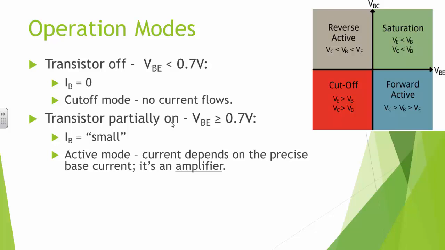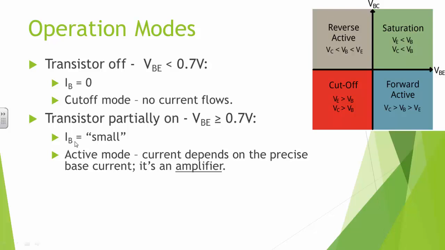Now, if we increase that potential at the base to greater than 0.7 volts, suddenly the operation of this transistor changes, the mode changes. If our current is small, we get an amplifier.